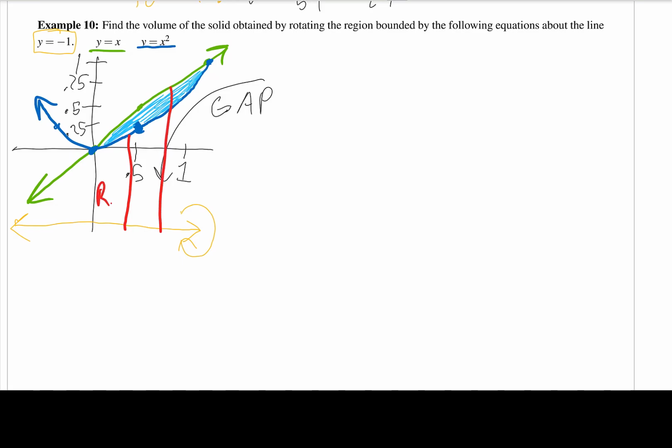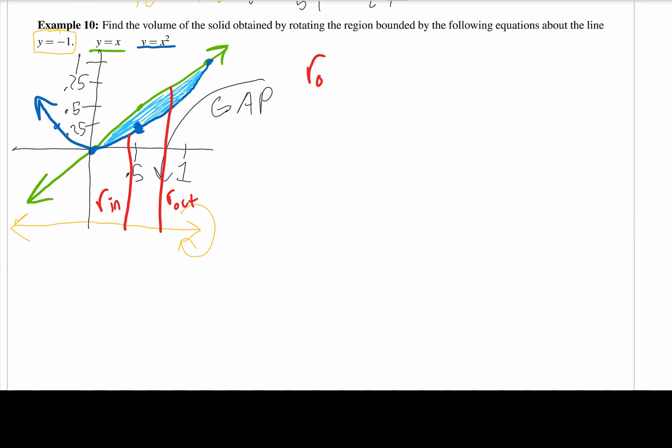These are nice examples where I can write something out like this. R in, R out. Okay, so we've decided we're doing washer. We've identified R in and R out. And let's look at how we calculate those.